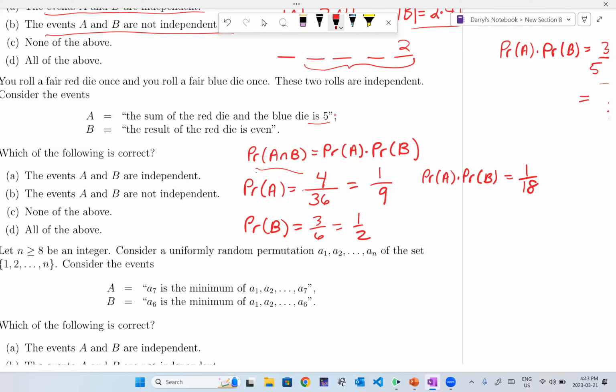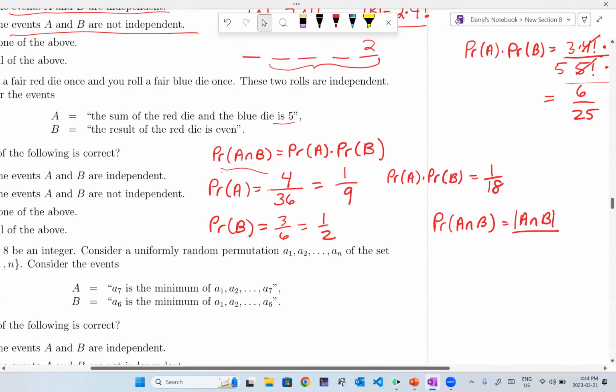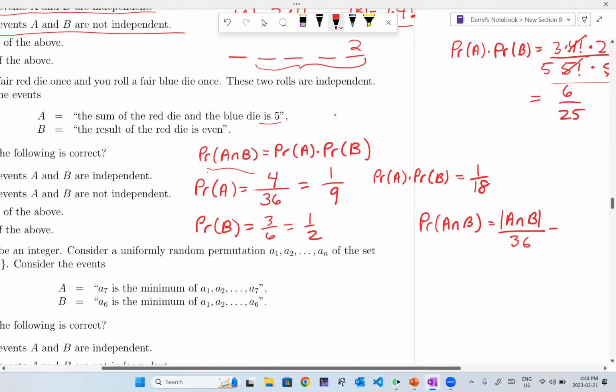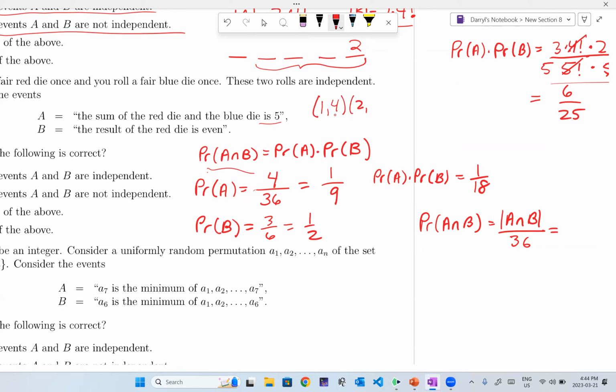So now I just want this. I can take advantage of the fact that it's a uniform sample space. So this is 36. How many outcomes are in A intersect B? Well, I erased all of my outcomes, so let's put them back here for A. So 1 and 4, 2 and 3, 3 and 2, and 4 and 1, where the left side is red and the right side is blue.